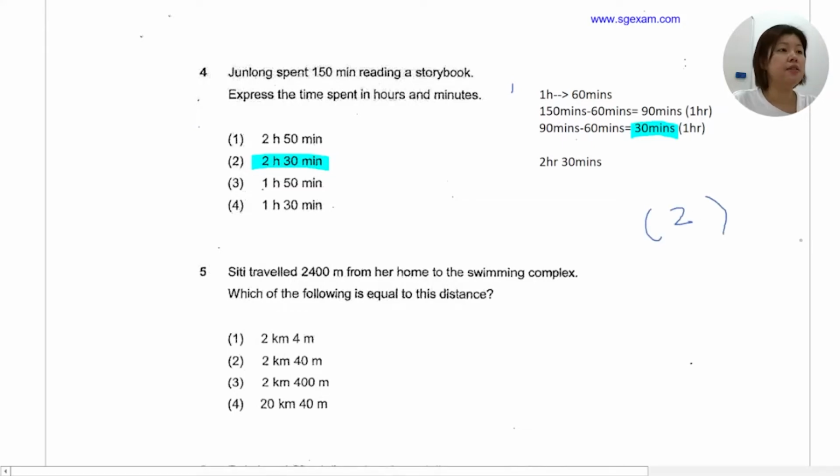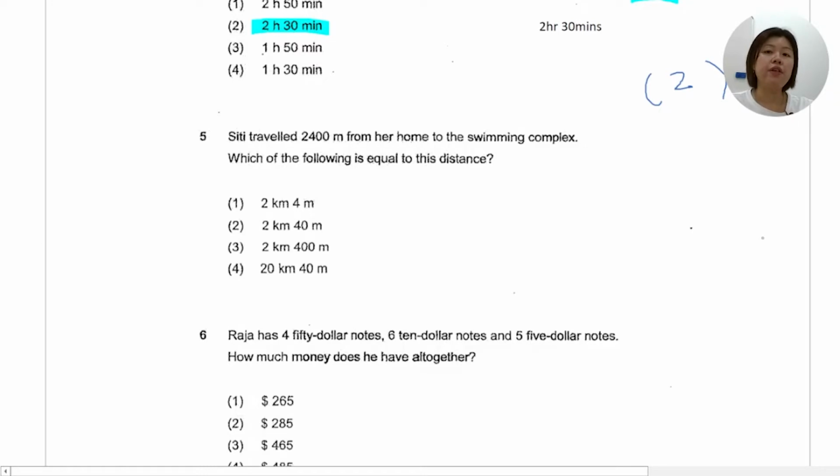Okay, next. Cindy travels 2,400 meters from home to the swimming complex. Which of the following is equal to the distance? 2,400 meters.